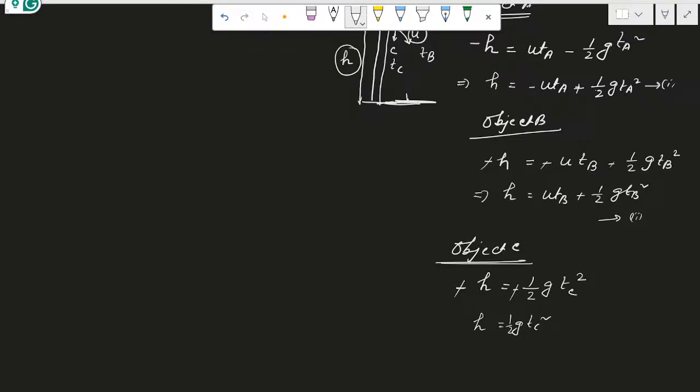Now you see both of these heights are equal actually, from equation 1 and 2.